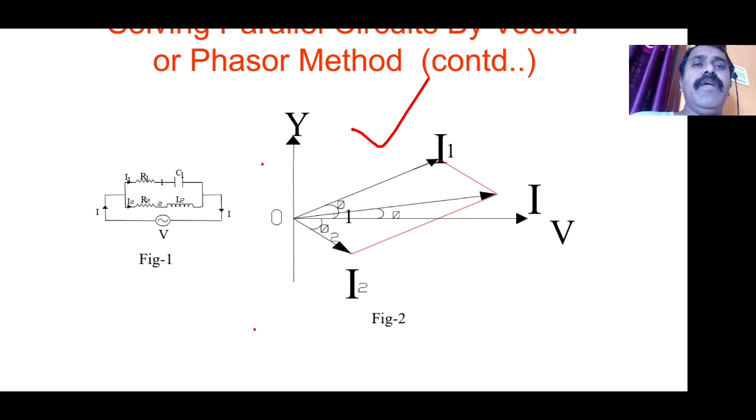The second branch is connected with the resistance and the inductance, so in the inductive branch the current I2 lags the voltage by some angle phi2.